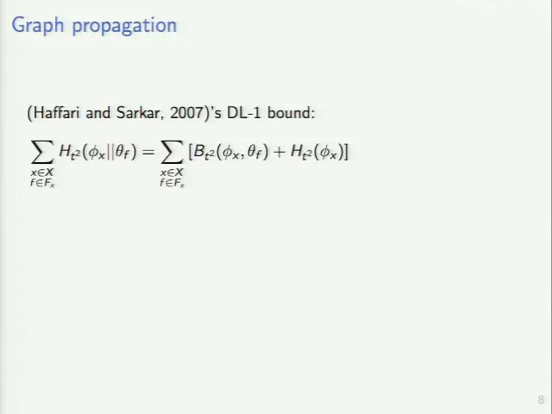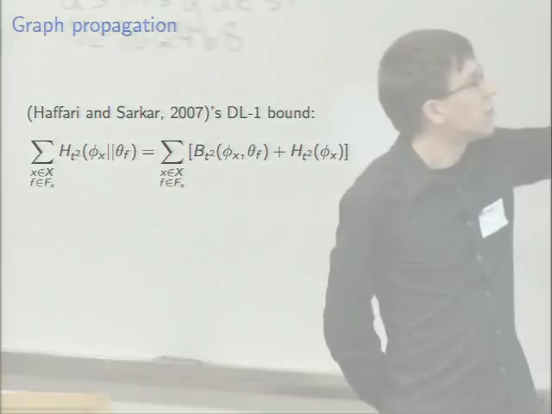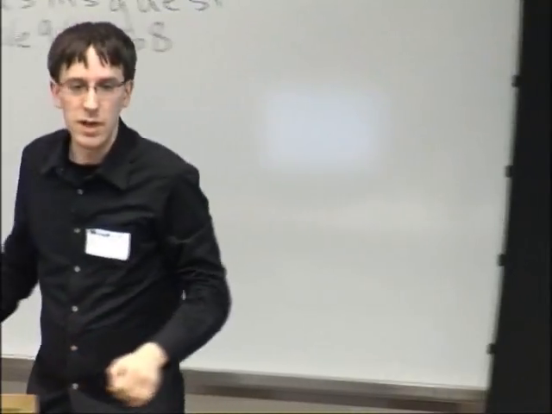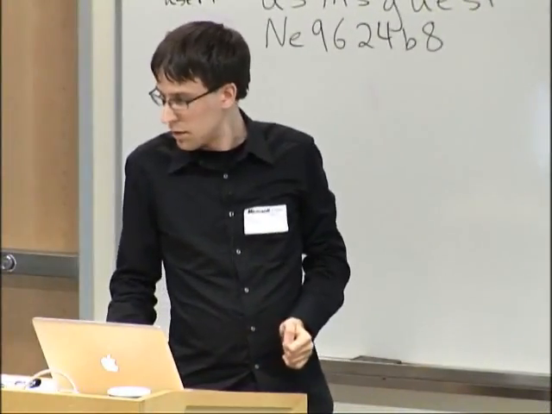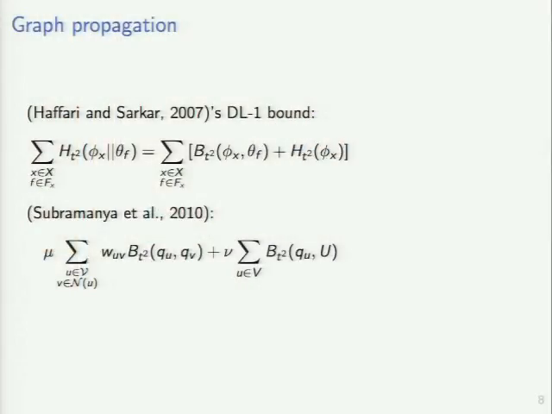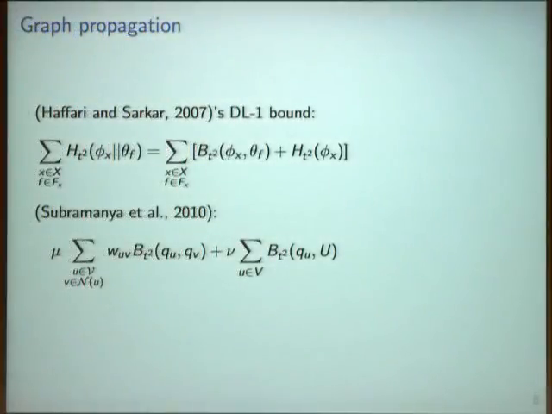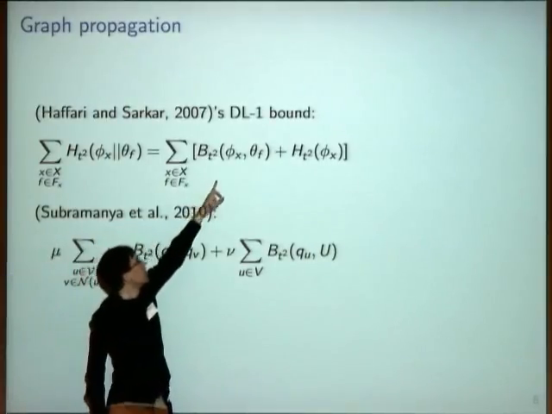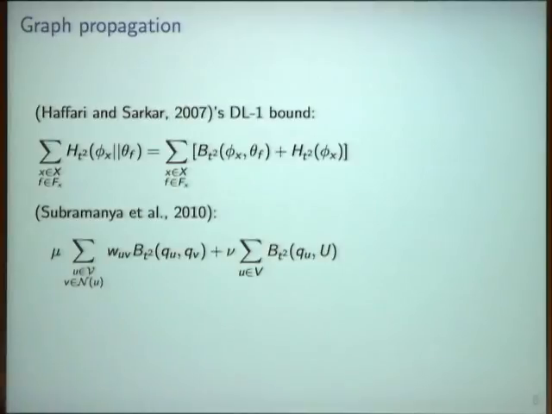So going back to the graph propagation, this is an objective from Haffari and Sarkar for one of Abney's Yarowsky algorithms. It's an upper bound on the algorithm. And this is the objective for the graph propagation part of Subramanya. It's not the objective for the whole algorithm we just saw, just for the graph propagation step. And you can see in the first equation, this is the labeling distribution, that's the parameters again.